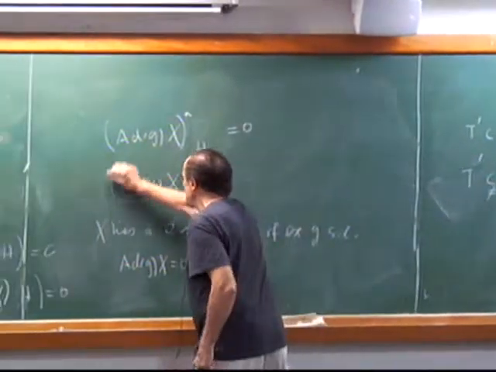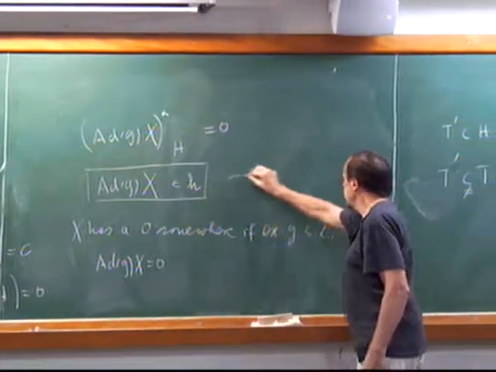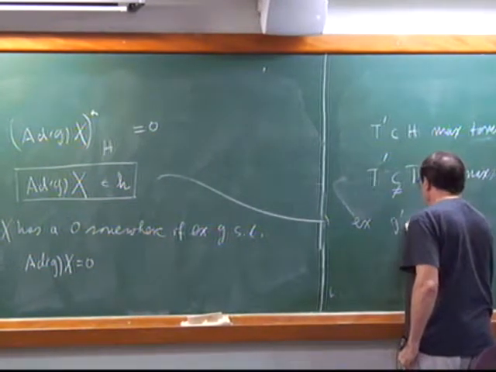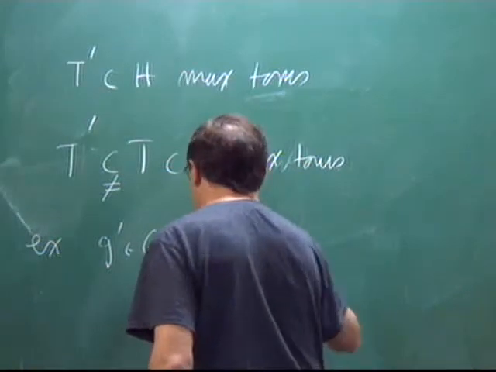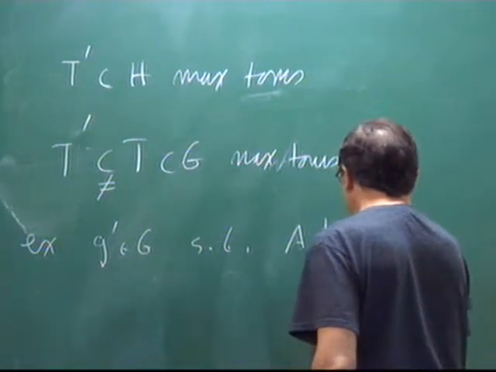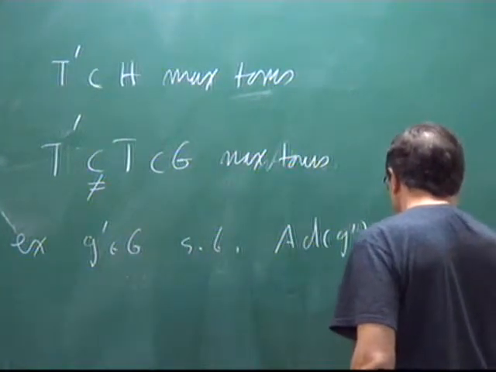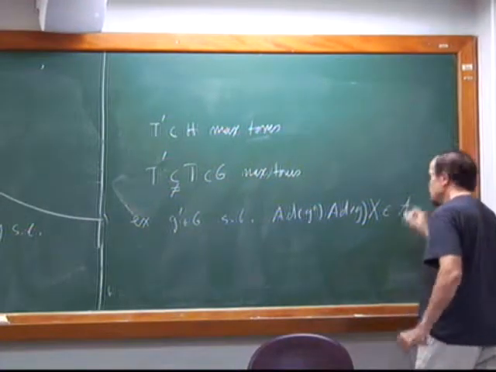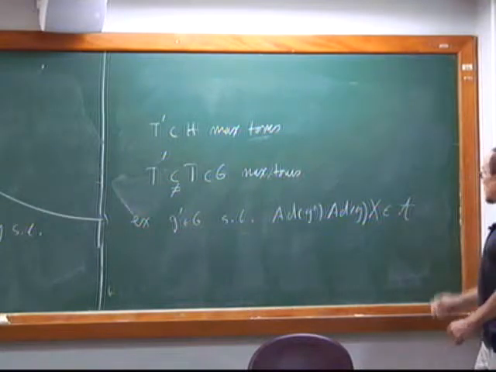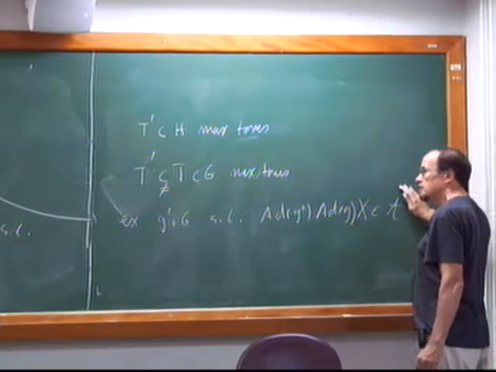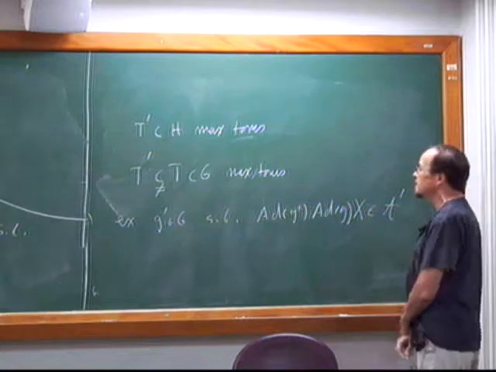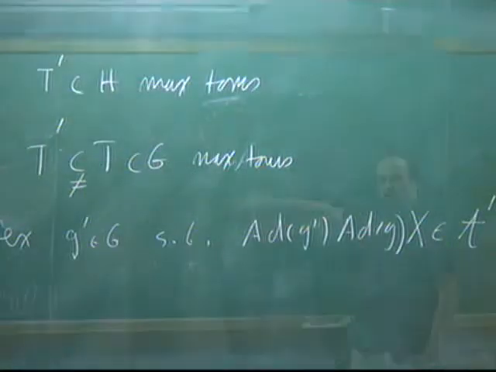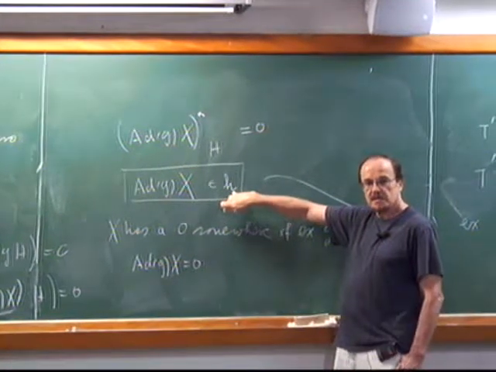What does this mean here? I can say this is equivalent to saying there exists a g prime in G such that Ad g prime X lies in the Lie algebra of T prime. Because anything in the Lie algebra of H, I want to see when it lies in the Lie algebra of H. Anything in the Lie algebra of H I can conjugate into its maximal torus.